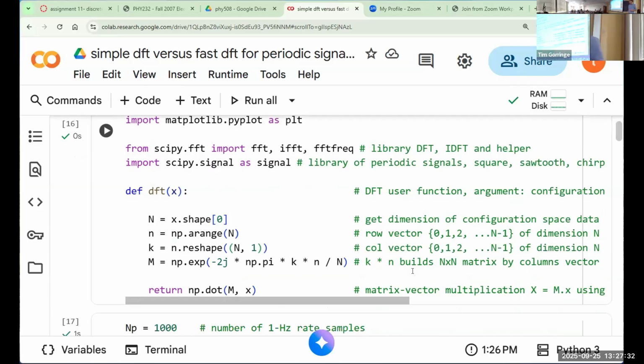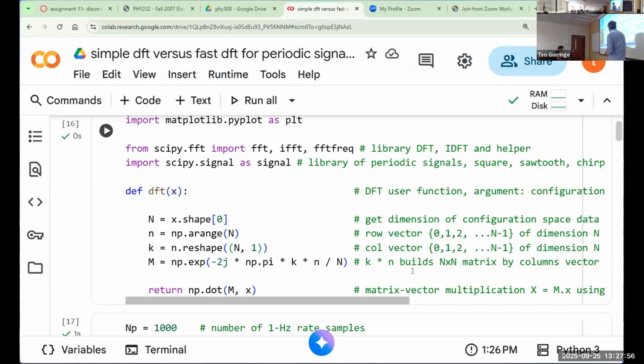This is my user function for accomplishing a Fourier transform. So the work I did was really in writing this function. What this function does is it takes an array of data or a vector of data from the time domain. So lowercase x is going to be the data in the time domain, and it's the argument of the function.